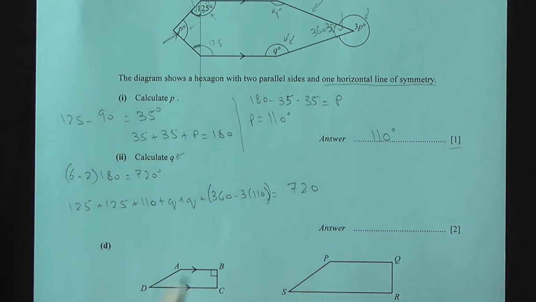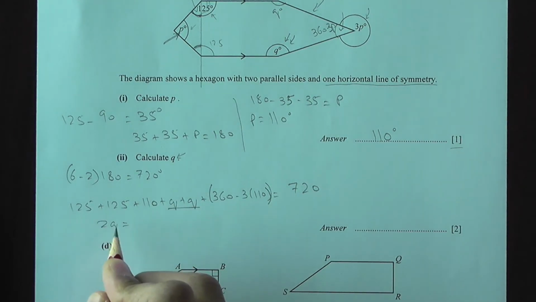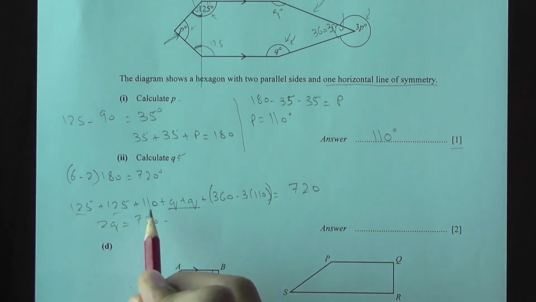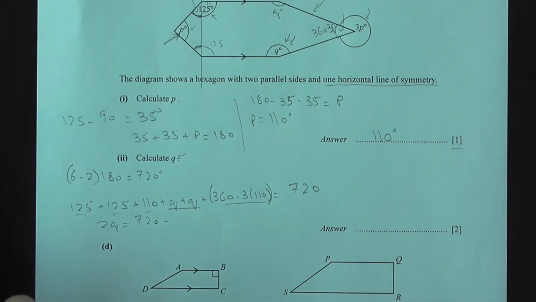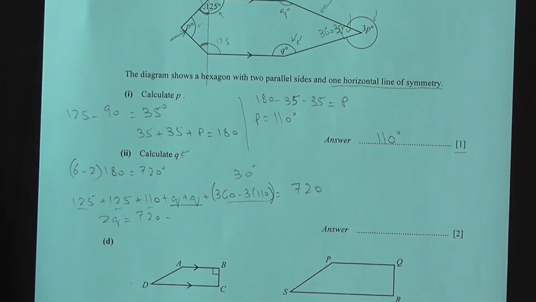So to save space, what I'm going to do is add the Q's and make them the subject. So 2Q is equal to 720 minus the sum of every other thing that is present over here. First we do 360 minus 3 times 110, and this gives us 30 degrees over here. This is 30 degrees if this is visible.